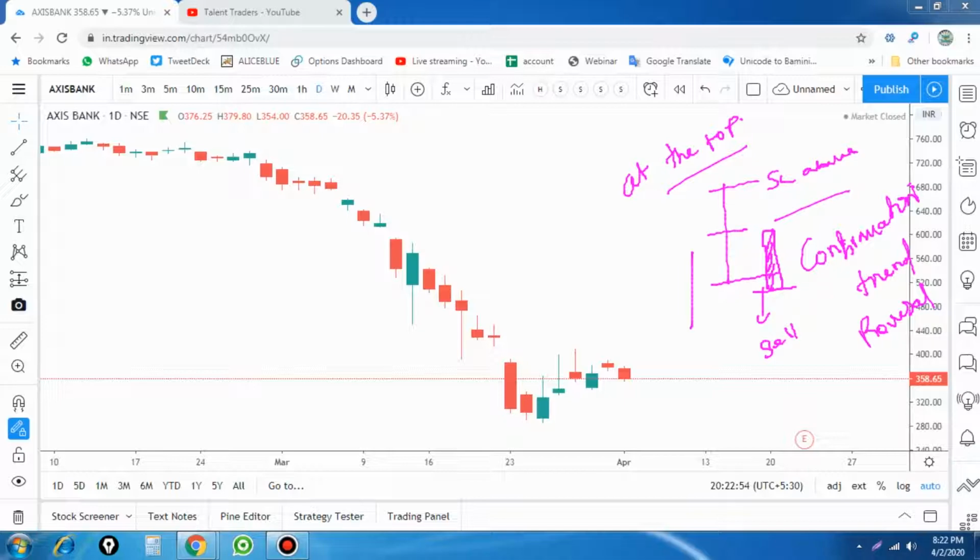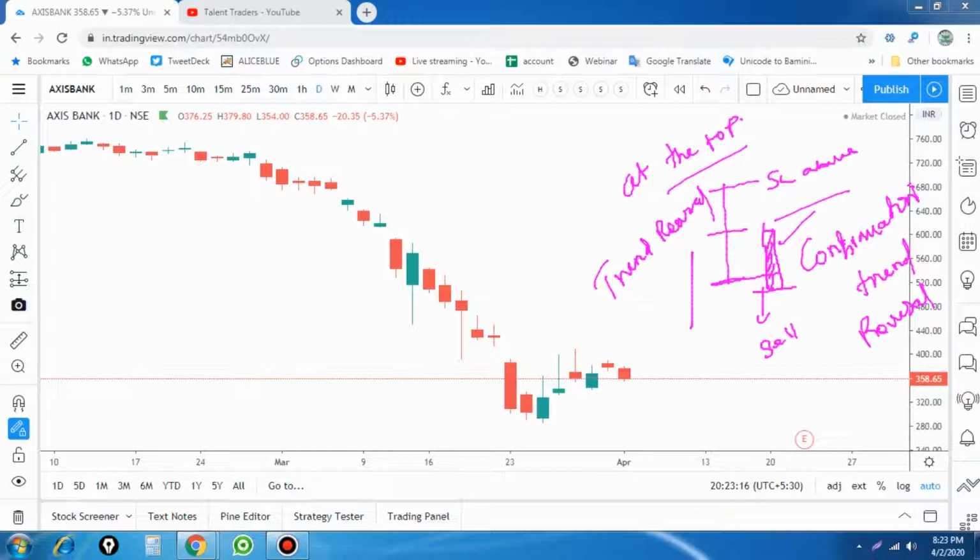Place your sell order below the confirmation candle's low. This is the candle that confirms by closing below, the confirmation candle of the trend reversal. Then you can take the trade.